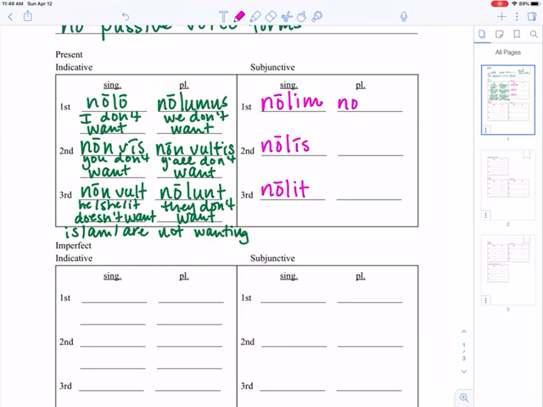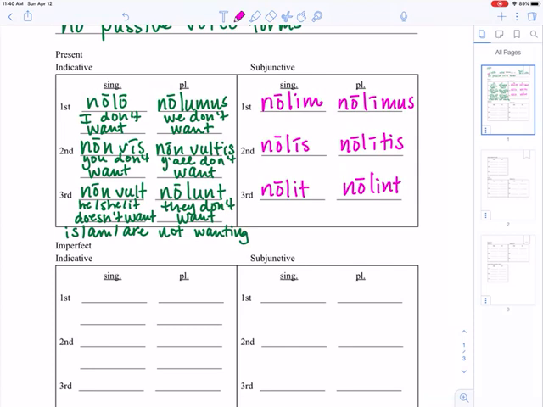For first plural, we will have nolimus, macrons over the O and the I. Nolitis, macrons over the O and the first I. And then nolint. And again, just here, a macron over only that O. So there's our present.